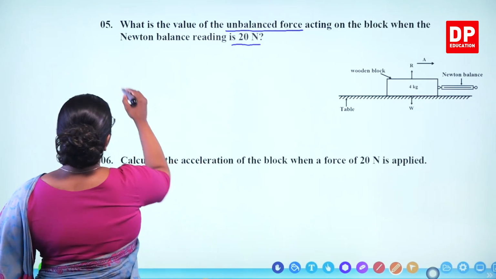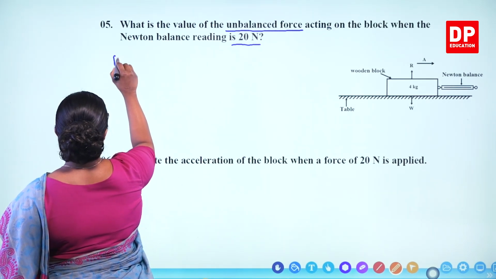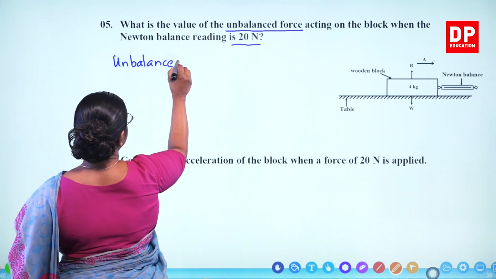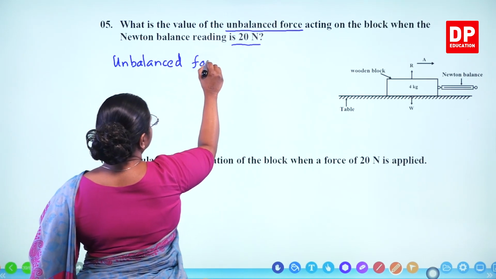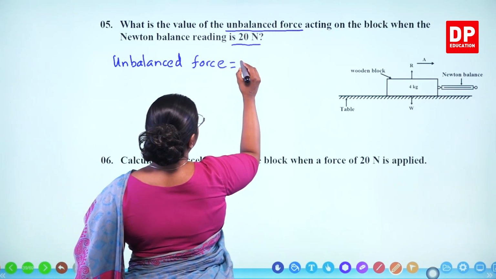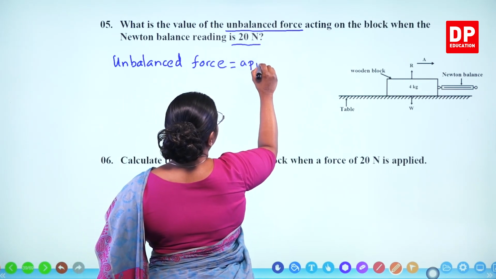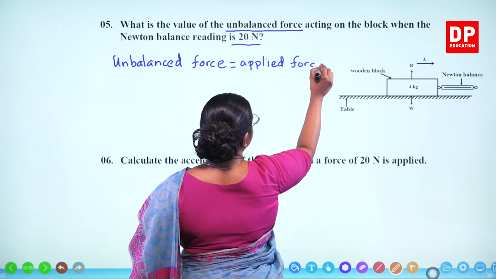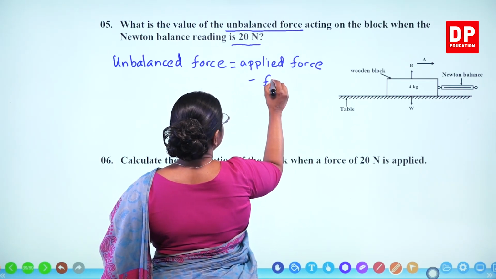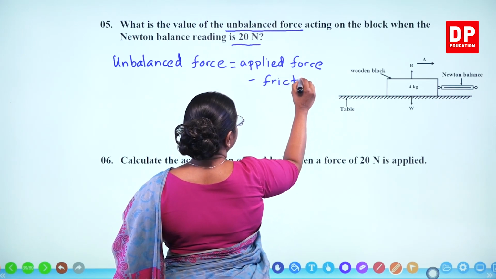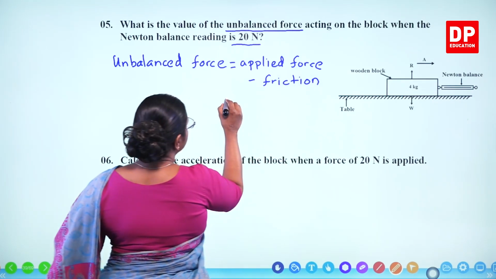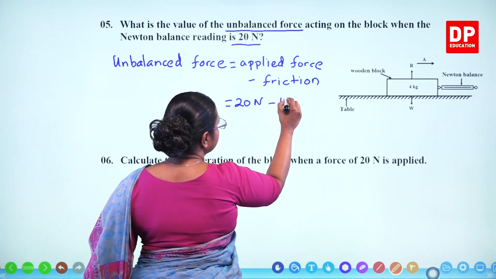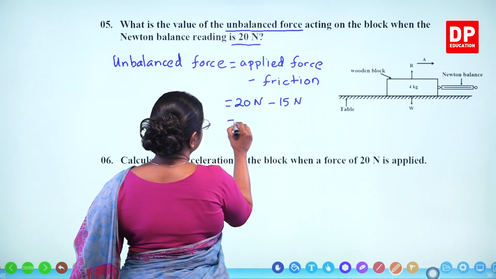So here I can write it as unbalanced force is equal to applied force minus friction. So that will be 20 Newton minus 15 Newton.